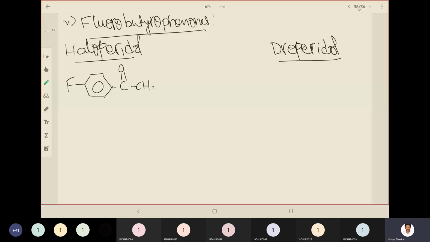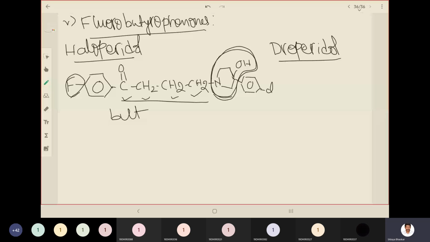Then you have to remember the linkage. How many carbons? One, two, three, four. Four carbons gives you the prefix but, butyl, with a carbonyl group. This is the fluorophenyl group, this is the butyl group.